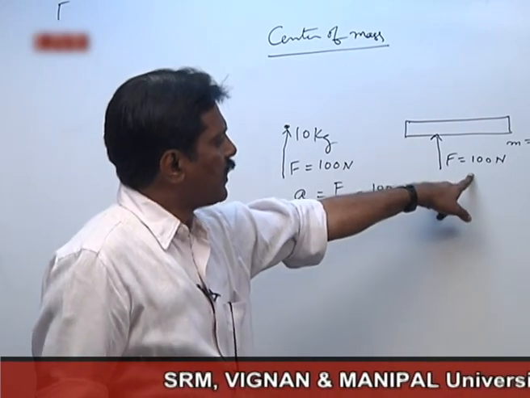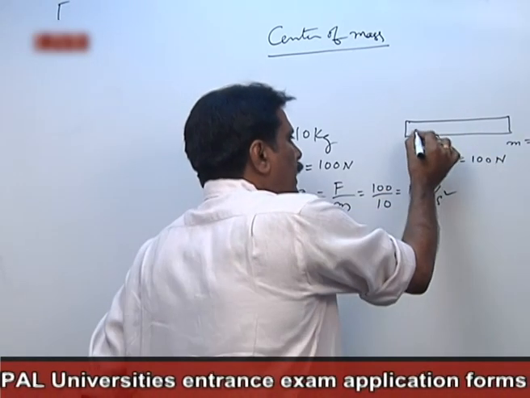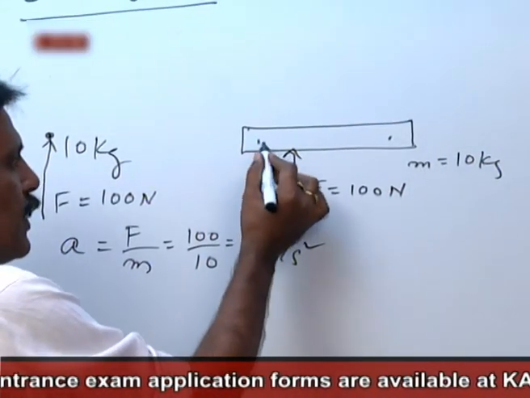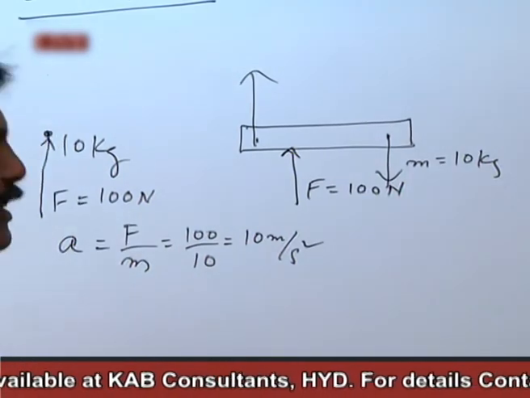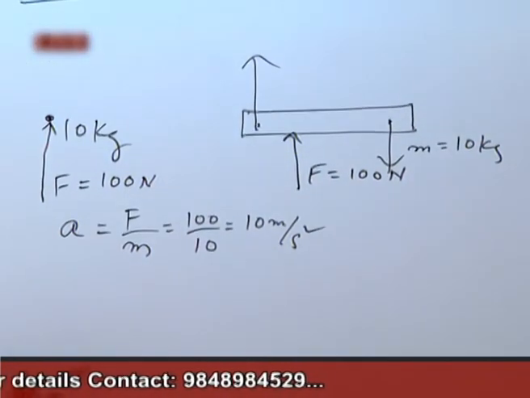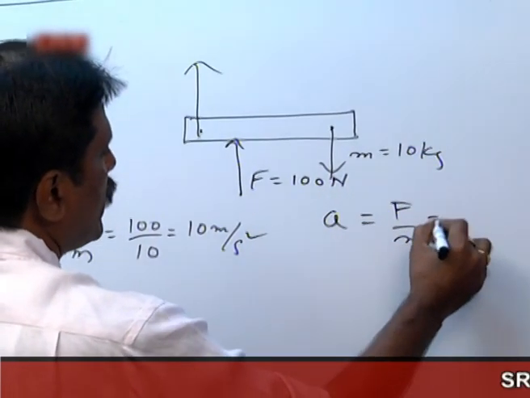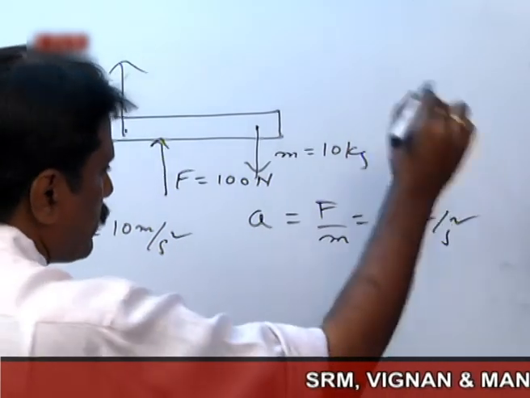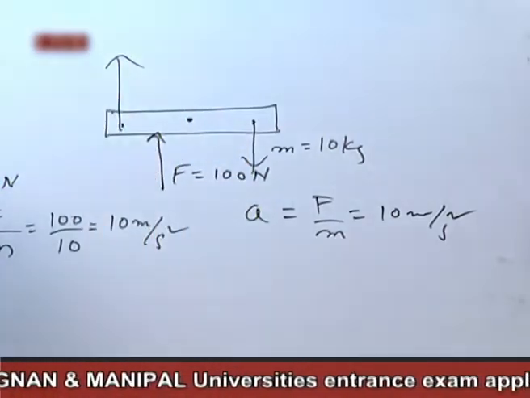When we apply this force F equal to 100 newtons on this body, different particles may move differently. Suppose this part will move like this, this part will move like this. But there is a point in the body which will have the acceleration exactly equal to F by m, that is equal to 10 meters per second square. That point is center of mass.